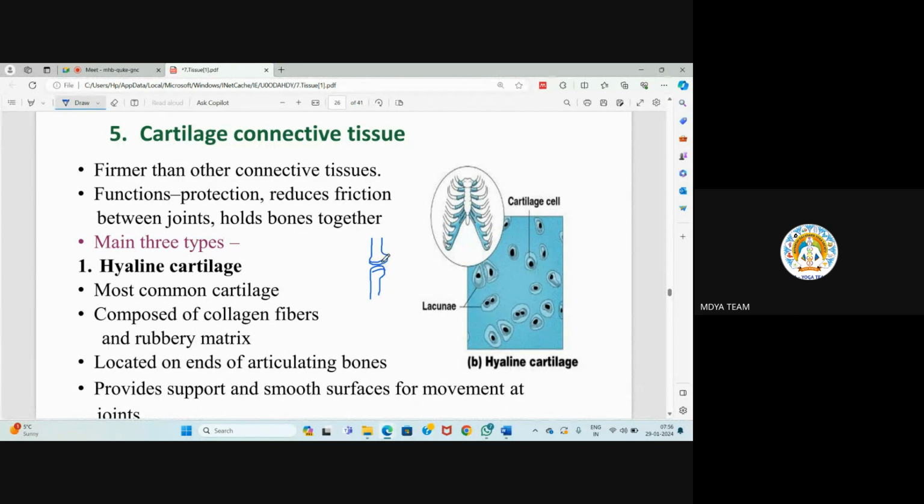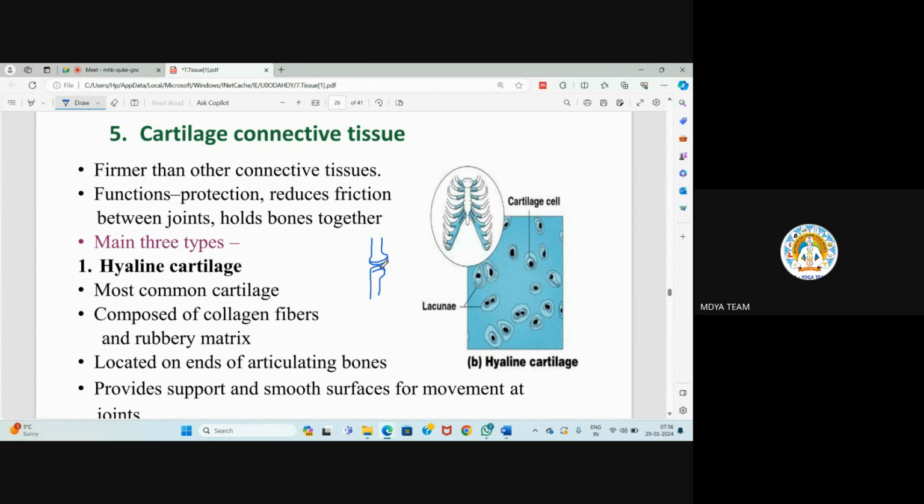So these cartilages are absorbing shock. When we are jumping, when we are jogging, in those cases these bones may come together, and their friction may cause injury in our body.